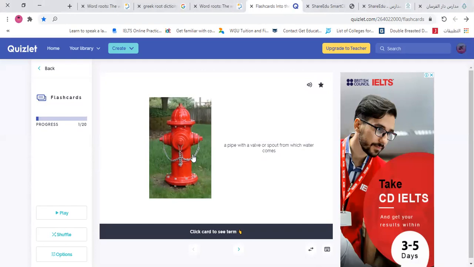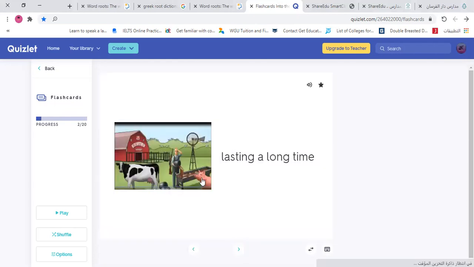Usually we use it for the firefighters. When they come, they bring their vehicles with the hose, and they get the water from the hydrant. You will find it on streets or roads, because we open this part and put the hose here to let the water flow. Good? Yes. This is the hydrant.